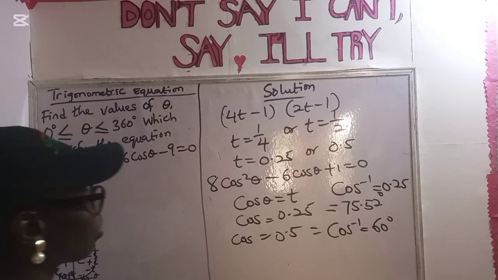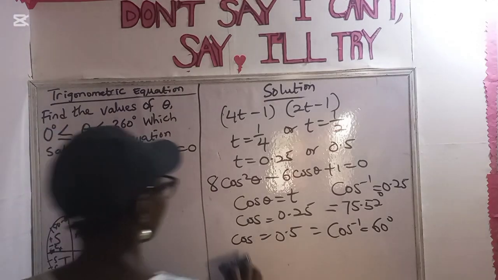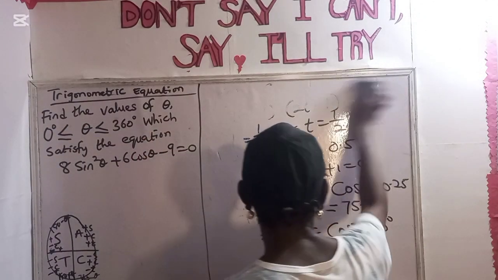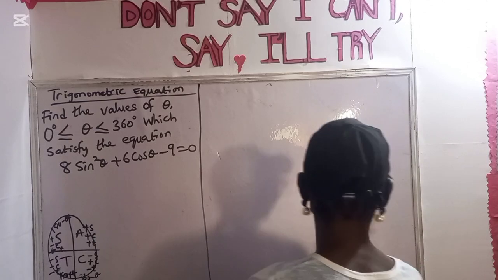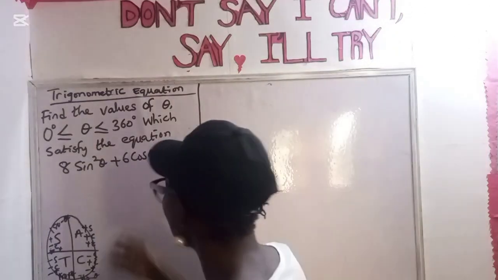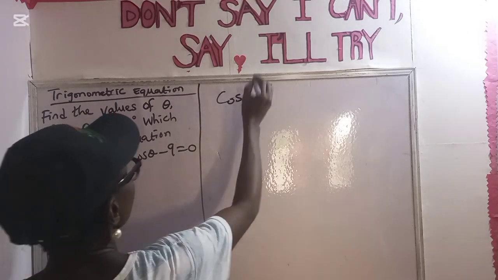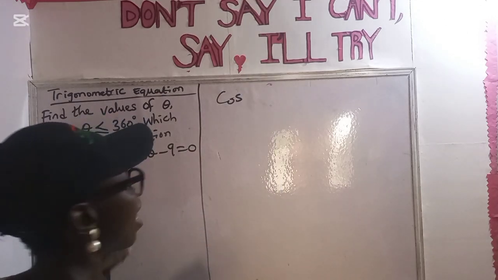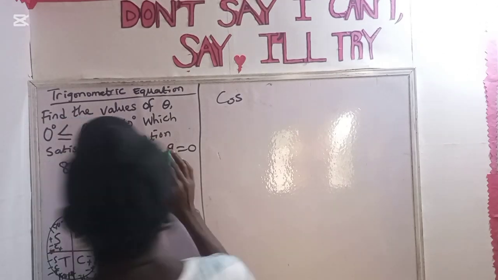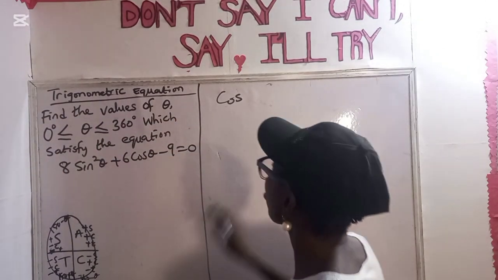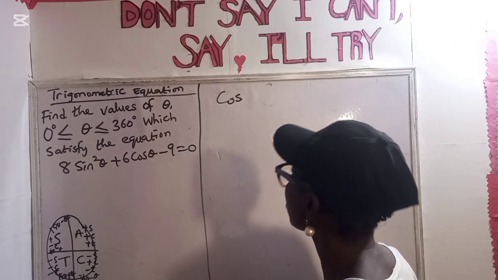We've not arrived at the final answer yet. We go to our quadrant. This is our quadrant. The first value we find for cos is in the first quadrant, where all the signs are positive. Cos is positive, sine is positive, tan is positive.